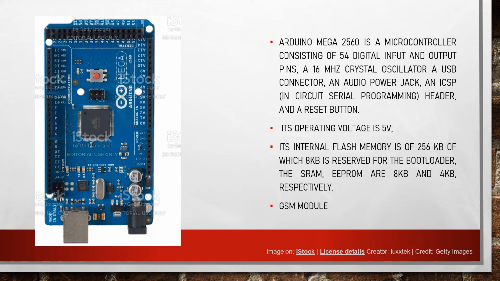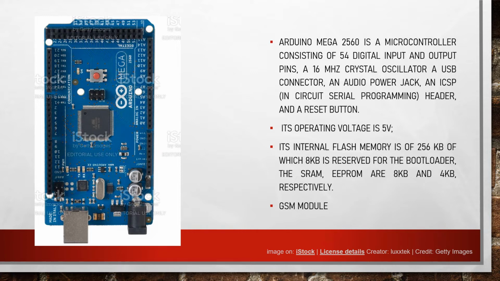Now we have a few details about the Arduino Mega board. It has a microcontroller which consists of 54 digital input output pins, a 16 megahertz crystal oscillator, a USB connector, an audio power jack, an ICSP header, and a reset button.